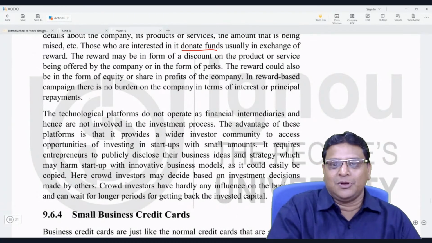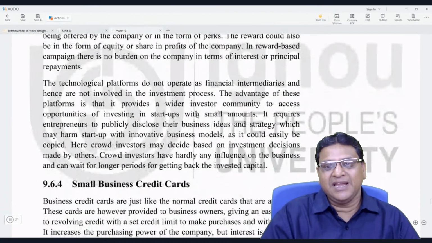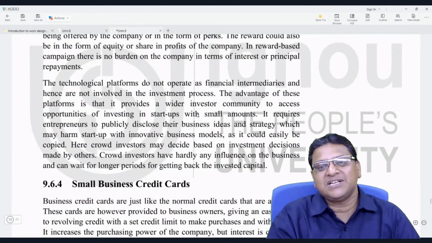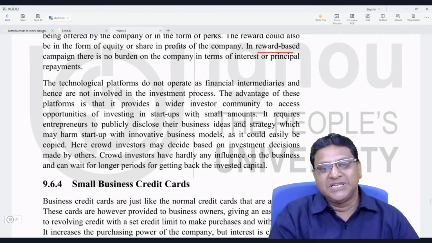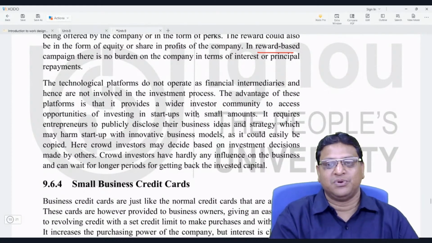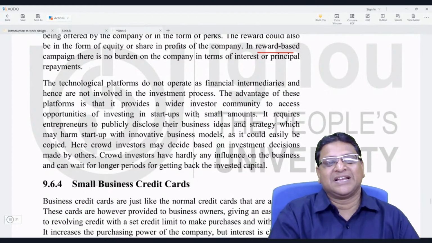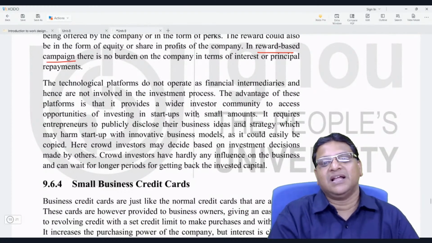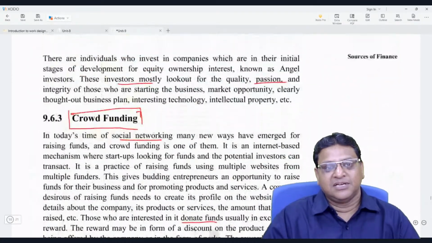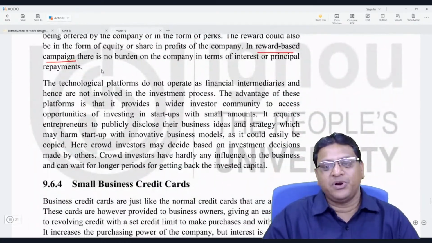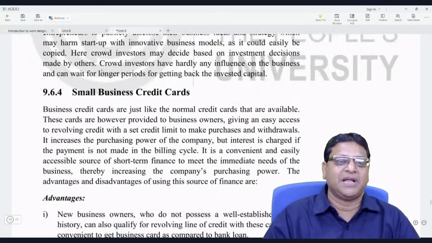People who donate to the business are generally provided certain rewards by the company if the business or venture is successful. So it's a reward based financing, known as reward crowdfunding. Crowdfunding is a reward based financing.